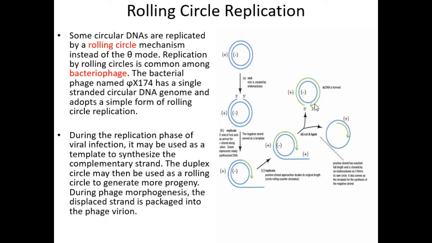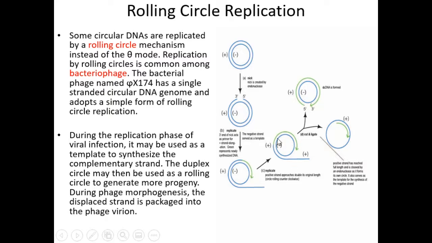And we normally call this a concatemer. This is what happens in viruses. The template strand of the leading strand never separates from the circular part of the molecule. From the beginning, the negative strand serves as a template for the leading strand, the green one.